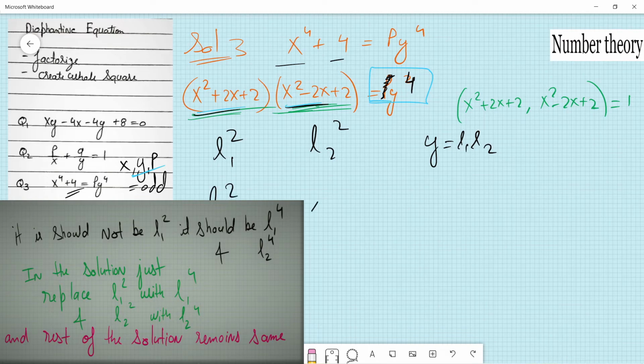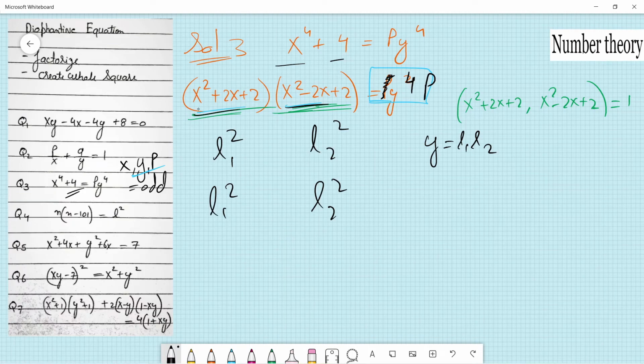Let's write it again here. But since our p is also here, one case would be p comes in its prime decomposition, so p can be here, and in the other case p can be here. So these two are the only cases that we'll have.